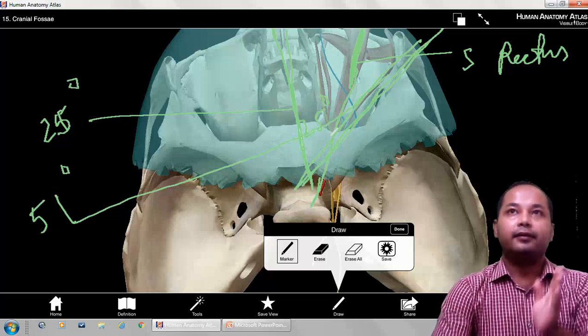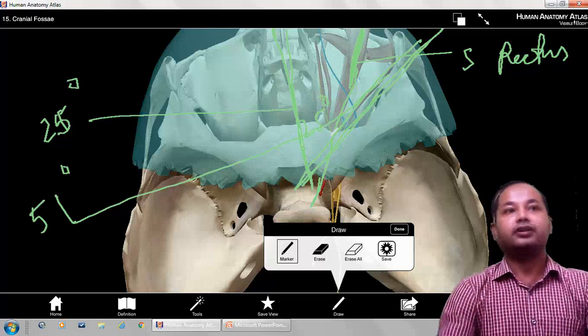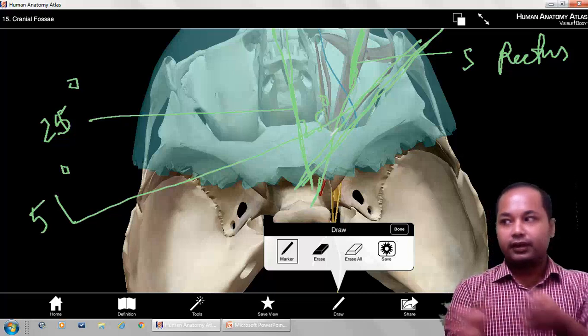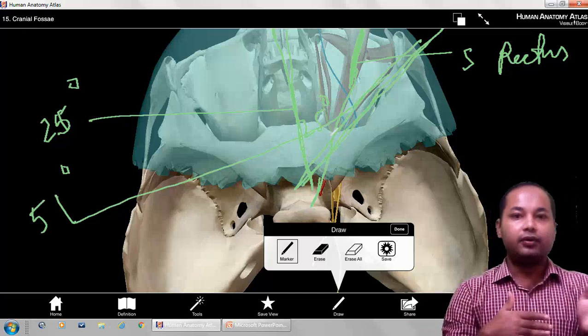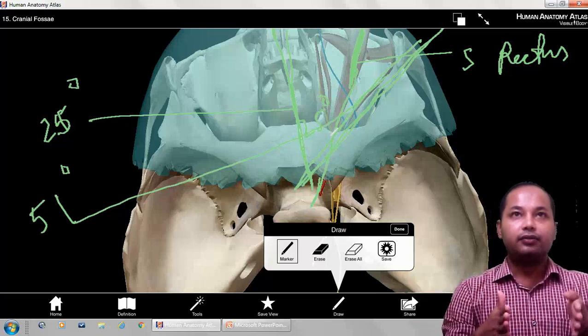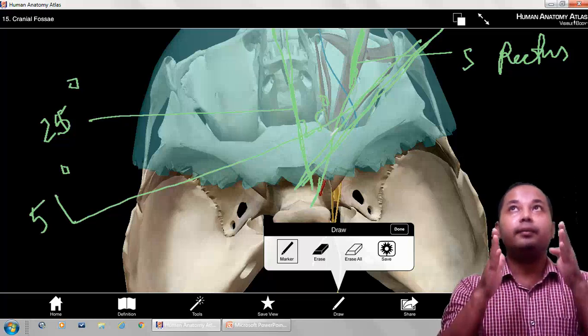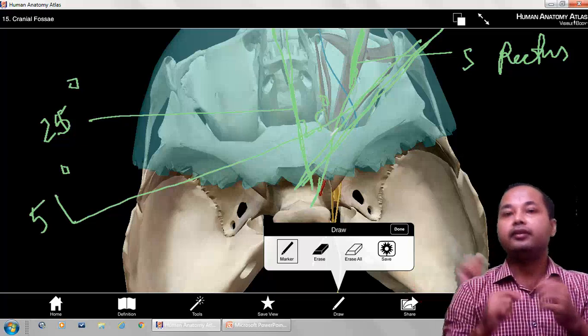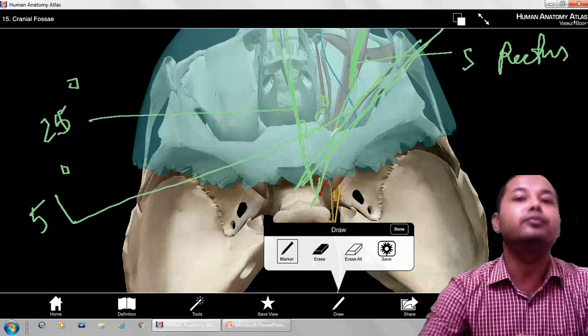So vision is not just simply looking up, down, right or left. You can see a quadrant placed between looking up and looking towards the right. That is the superolateral quadrant. This is possible because of the conjugate of movements.